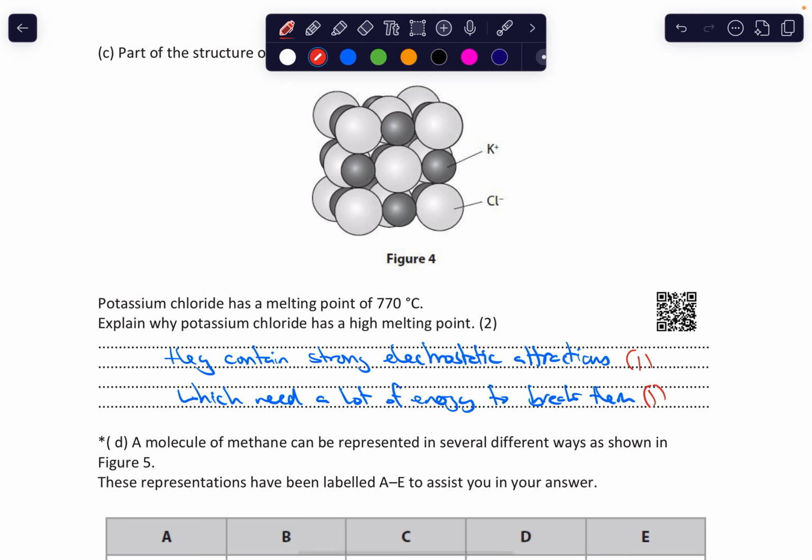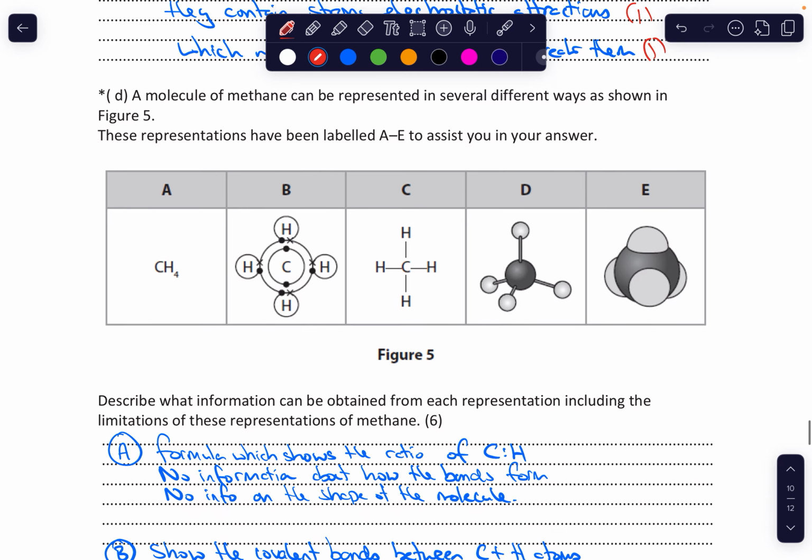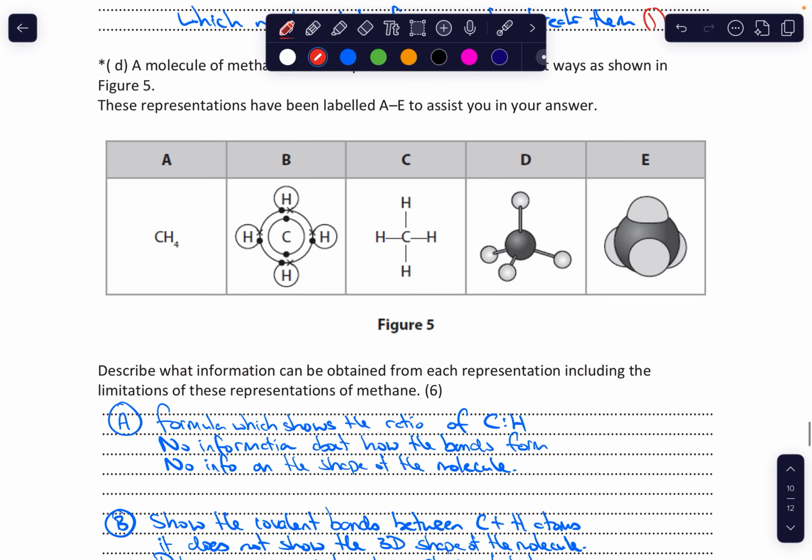Okay, this next one here, this is an unusual question. Nothing like that has been asked before or since. So it is a difficult one to get your head around, but I've structured some answers here to help you.